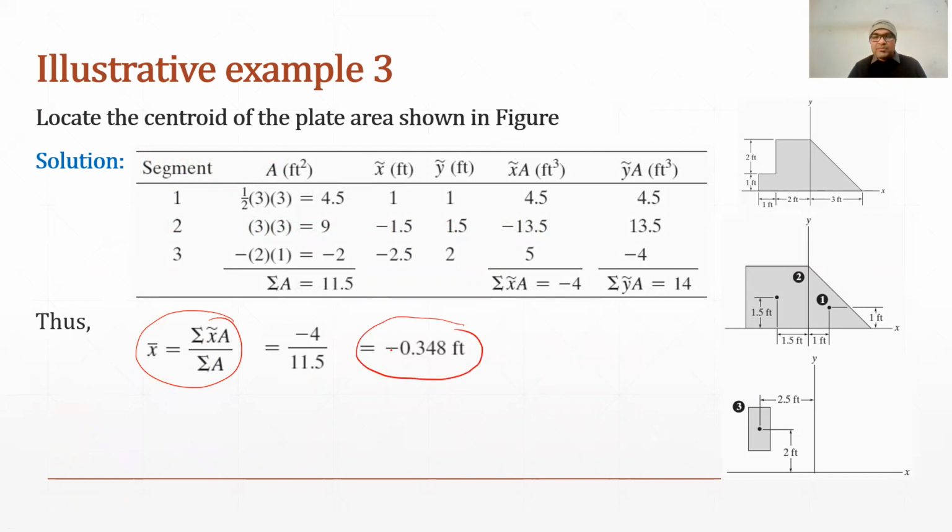Now why is this minus? Because it means the coordinate of the whole figure will be on the left of the y-axis. So on the left of the y-axis, it will have a negative x. Similarly, we can find out the y bar. Putting all the values, we get y bar as positive, this one.